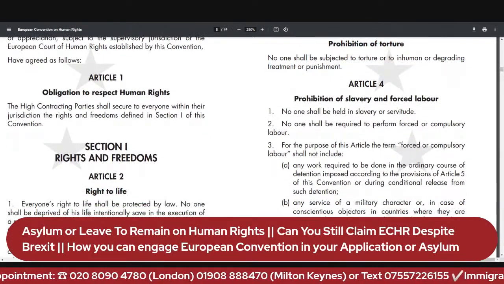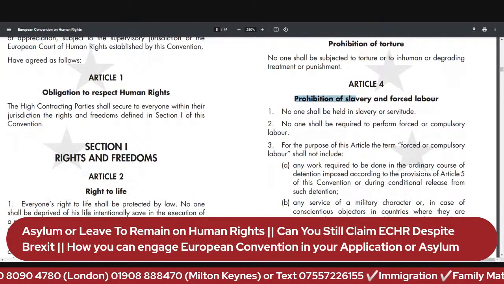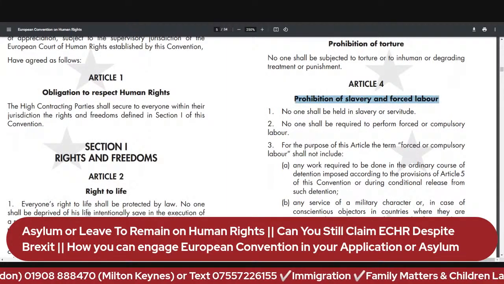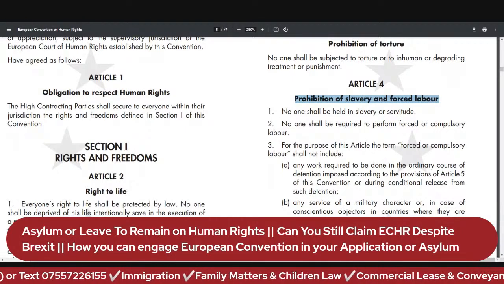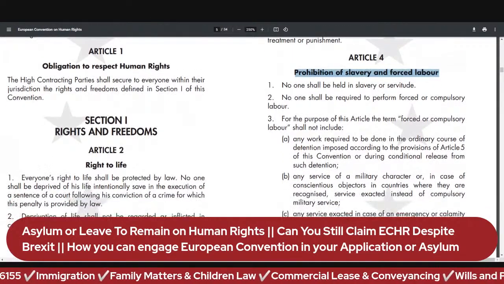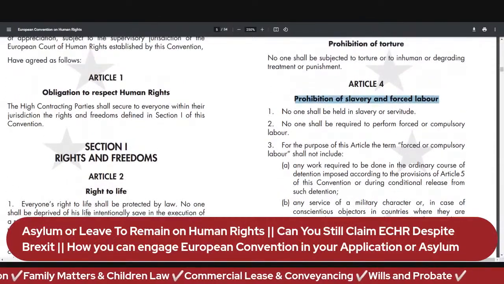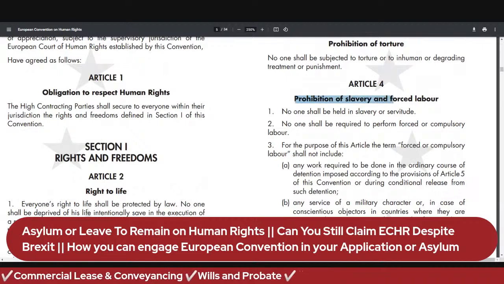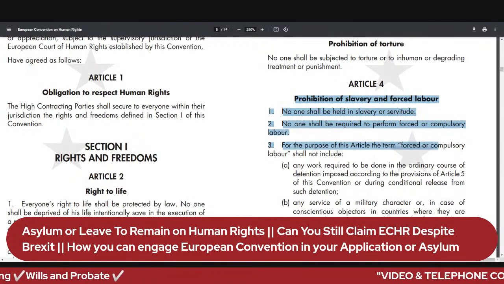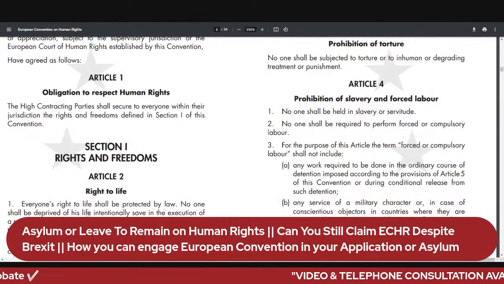And then Article 4, prohibition of slavery and forced labor. This is very important. Many people have a claim for slavery, and this is a very wide area of law. I'm not going to discuss much, but if you can establish that you were a victim of forced labor, then you can claim and engage Article 4 in your asylum or leave to remain claim.